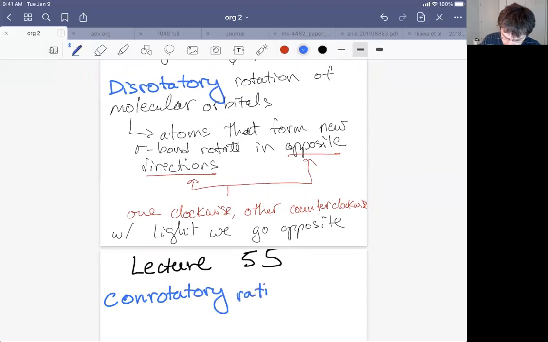So light's going to go in the opposite, and we're going to look at that in the next lecture, but I want to connect the definitions across both lectures, so I'm going to write it here and then start the next lecture with this. So conrotatory rotation.